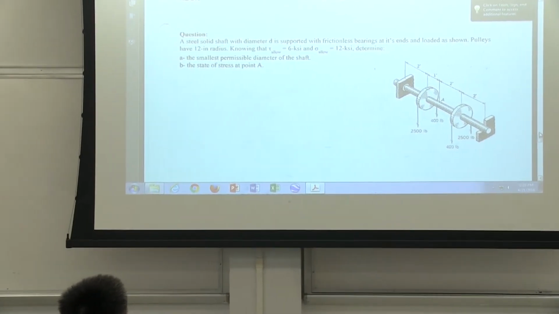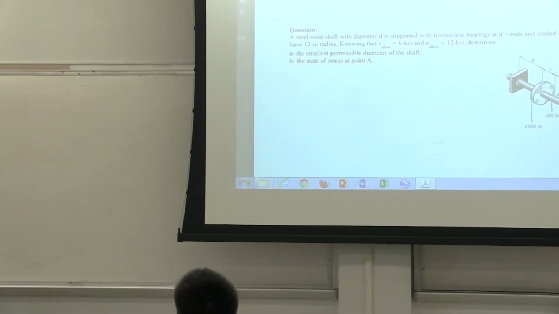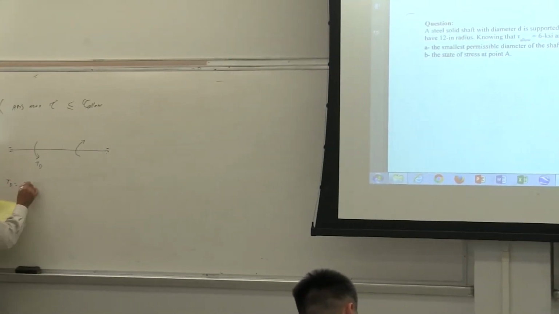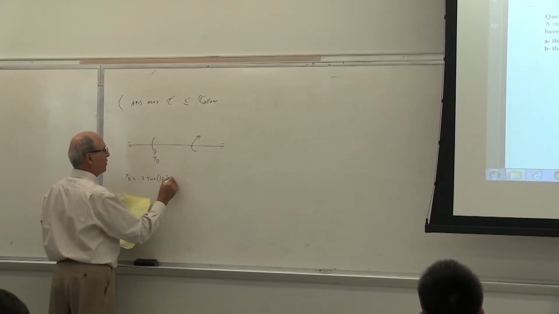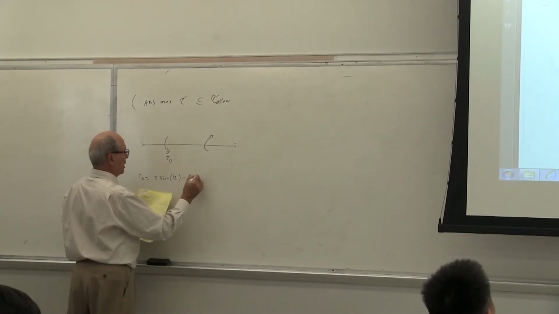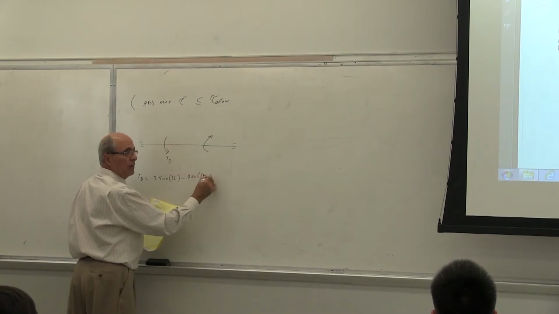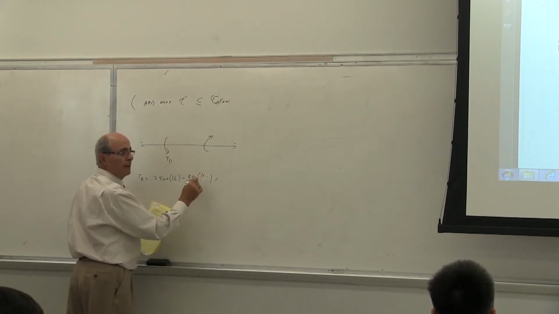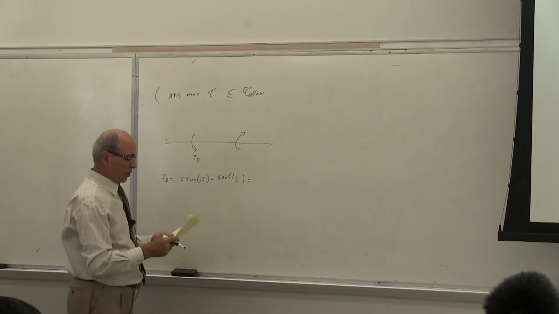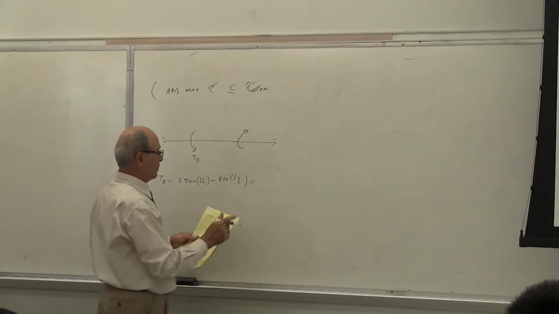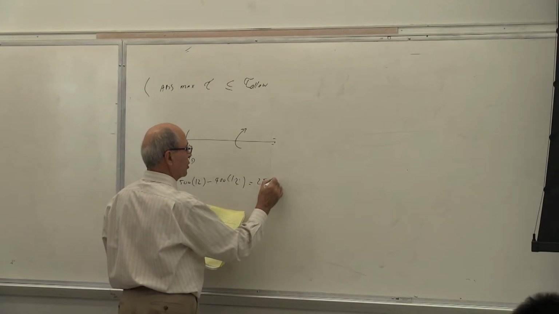So let's look at that one. This is torque at D. So torque at D is equal to 25, in magnitude in this direction, 25 times 12 minus 400 times 12. Yes or no? One is plus, one is minus in this direction. So then you calculate that, and that becomes 25,200.